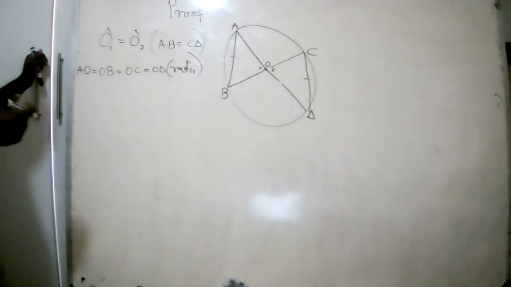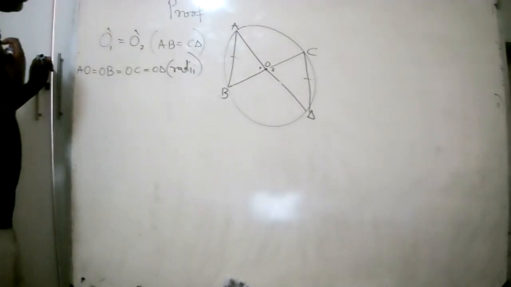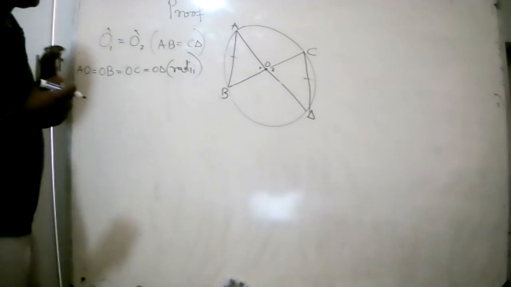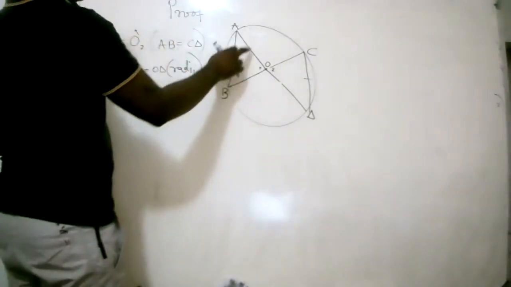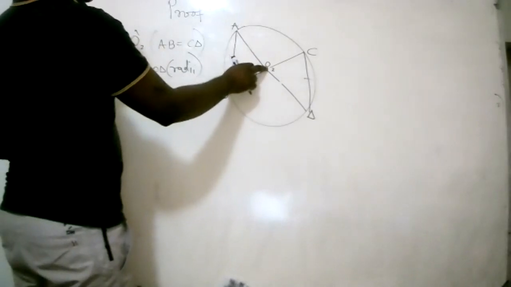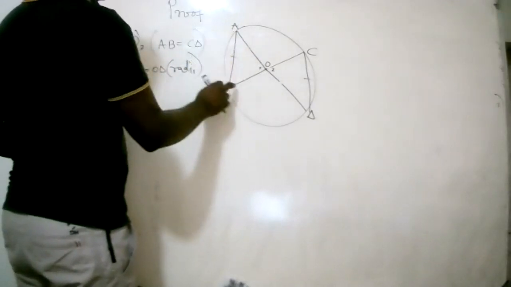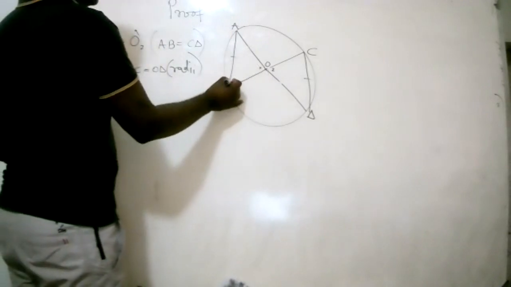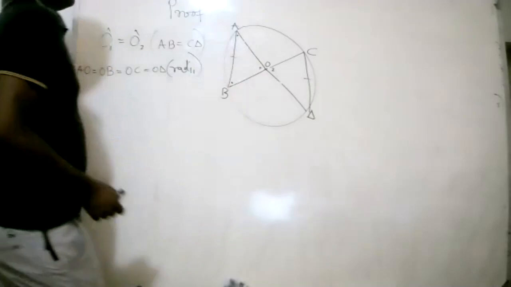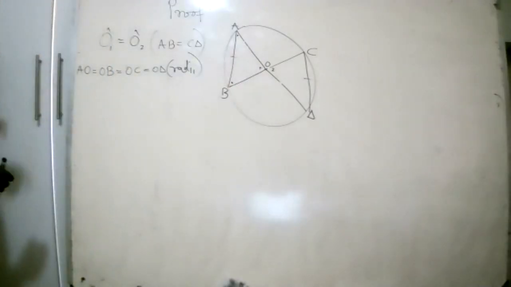So now, if these are the radiuses, what does that mean? That simply tells us that the angle opposite to OA is equal to the angle opposite to OB, which is angle B and angle A. So these two angles will be equal.